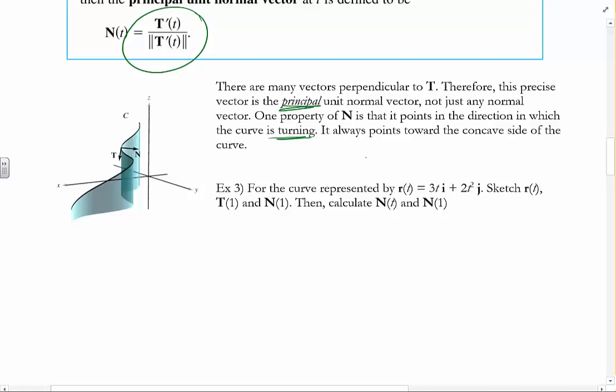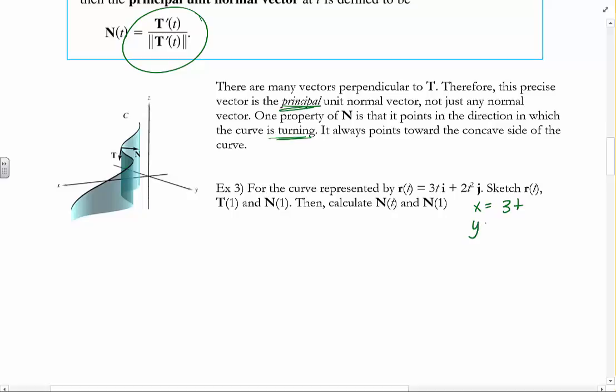So, r is 3t i plus 2t squared j. Sketch r, T of 1 and N of 1, and then calculate N of t and N of 1. All right, fine. So I'm supposed to sketch it first. Easiest way to sketch these is to parameterize it.